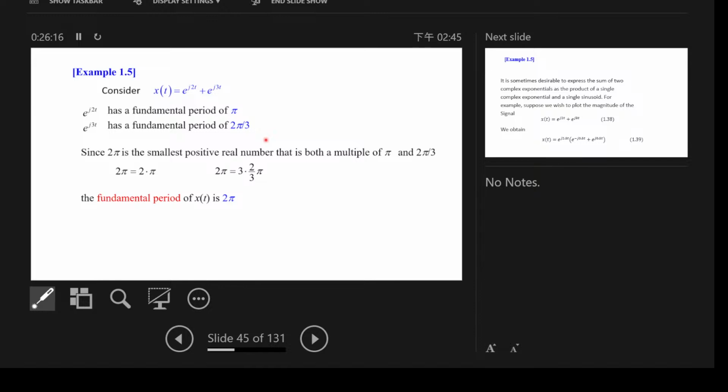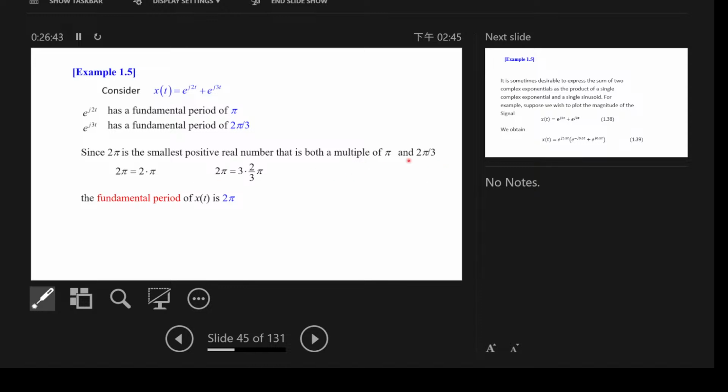Okay, and then we can think about different things about this signal. First we can think about what's the fundamental period of this thing. This term has a fundamental period of pi, and this term has a fundamental period of 2 pi divided by 3. If you want a period of both, then that period should be both a multiple of pi and a multiple of 2 pi divided by 3.